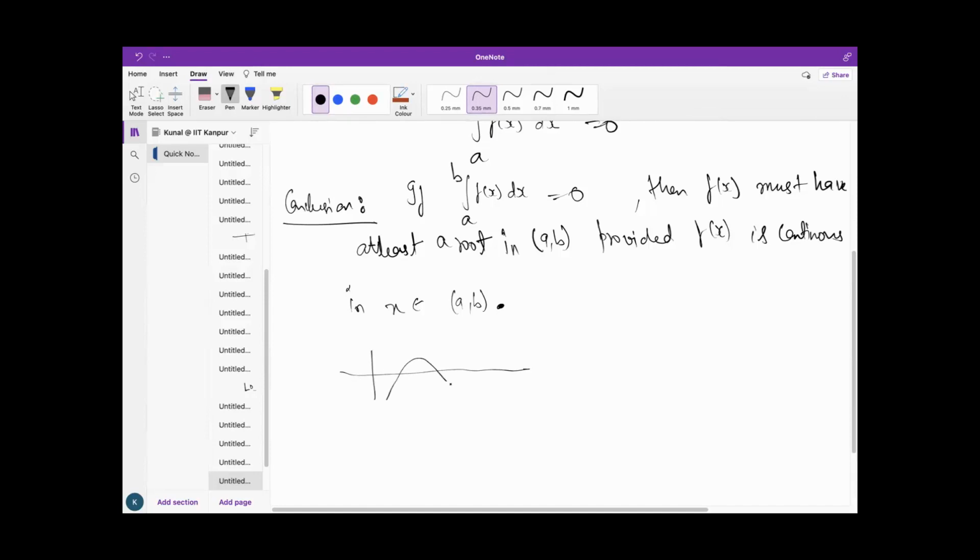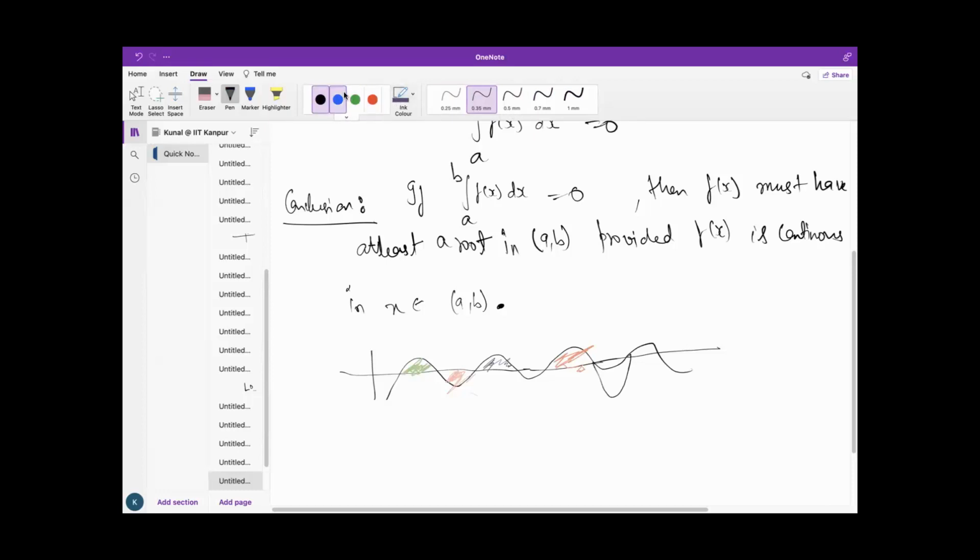If the graph of f(x) is like this, these all are different colors, representing that the graph is unsymmetrical. In the above problem, we considered the graph is symmetrical. But now we consider the graph is unsymmetrical.